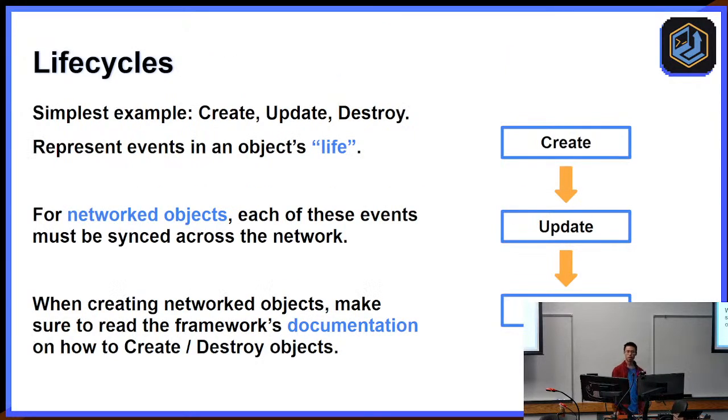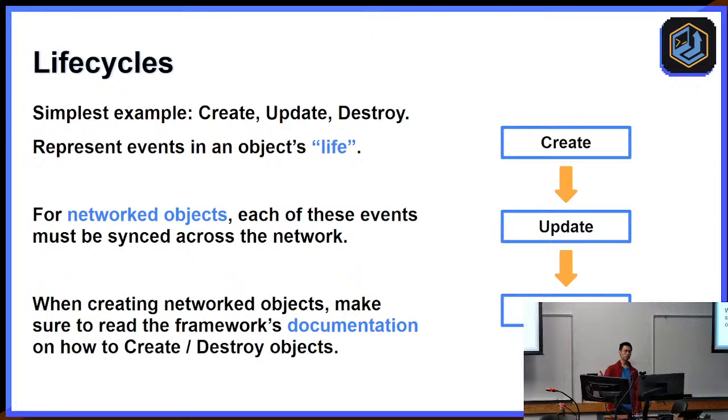And life cycles. These are things you probably have seen a lot in normal programming: create, update, destroy. Unity has these as events, the first things you learn in any engine, and they represent events in an object's life. For networked objects, each of these events must be synced across the network.